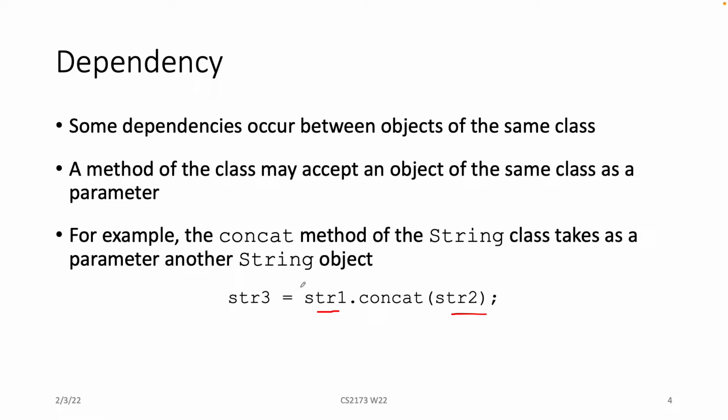Again, remember that strings are immutable. And so if we invoke the concat method, that does not change either string 1 or string 2. Sounds like a Dr. Seuss thing.